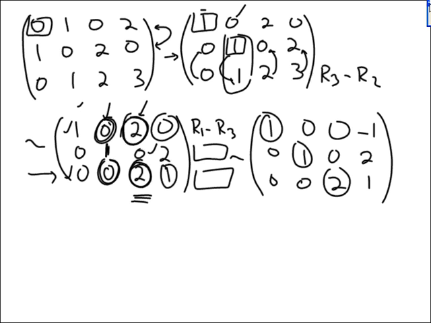I just circled the first non-zero entries in each row. So 1. What's below it are zeros. Here's this one. What's above and below are zeros. Here's another one. What's above it is zeros. No below.